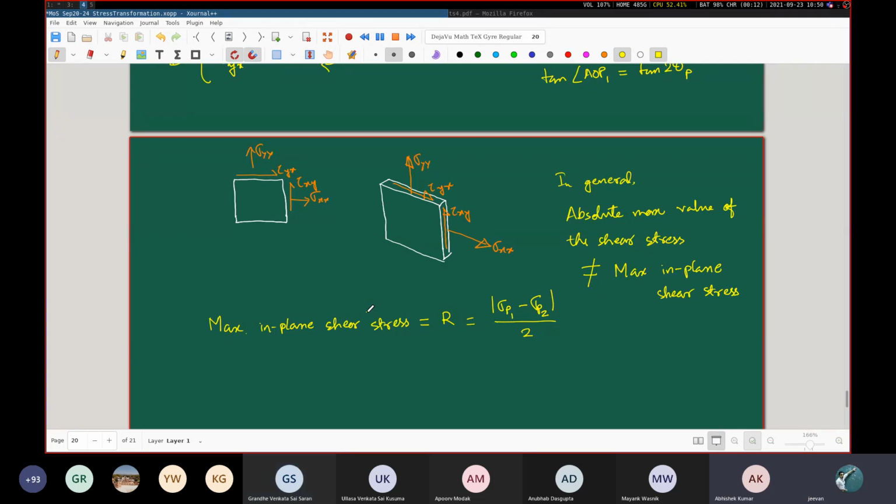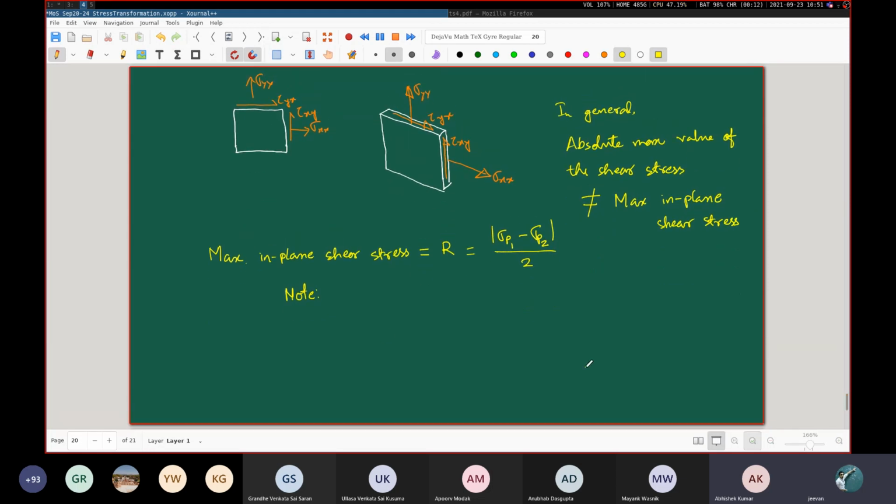No, that is not the reason. The reason is very subtle actually, but a very nice logic. You don't even have to do any calculations. We are saying that sigma zz is equal to 0, tau zx is equal to 0, and tau yz is equal to 0.